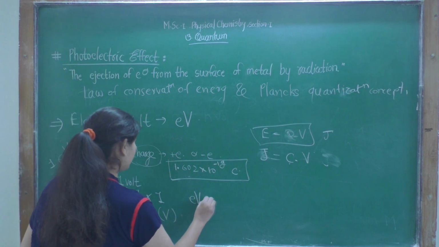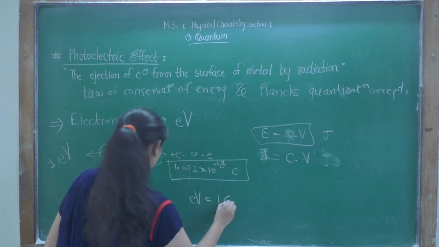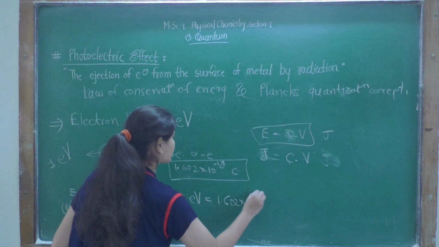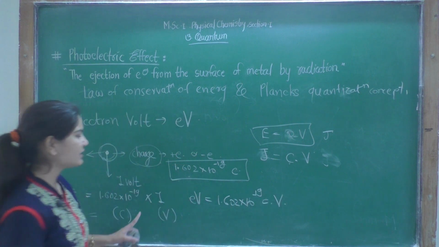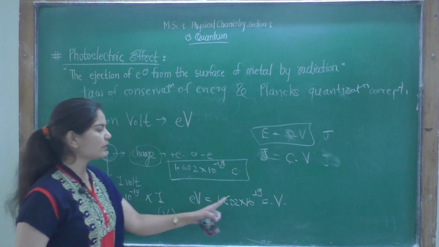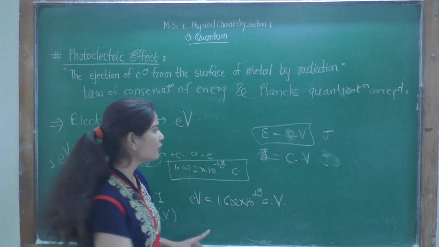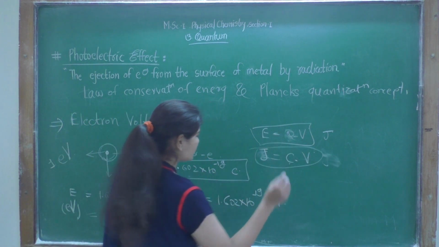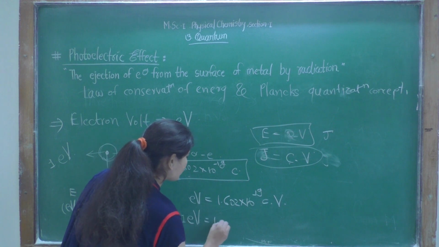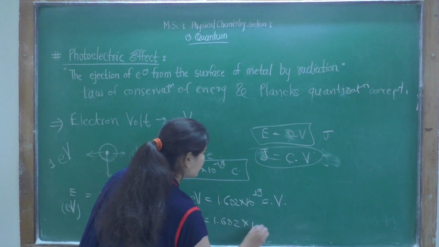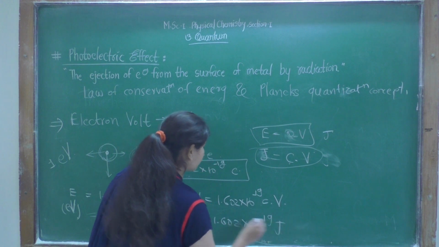So 1 electron volt is equal to 1.602 into 10 raised to minus 19 coulomb volt. And what is coulomb volt? It is joule. So 1 electron volt is equal to 1.602 into 10 raised to minus 19 joule.